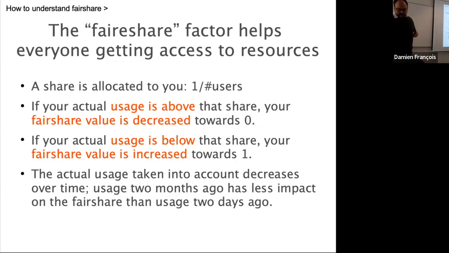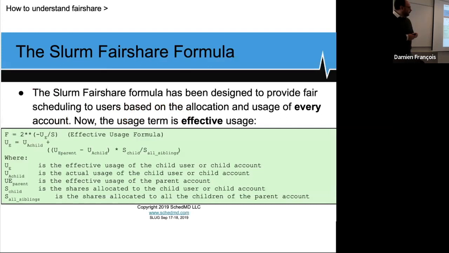So the actual formula is like this. So here I was a bit lazy. I took the slides from the company that writes Slurm directly, because it's a way for me to not have to explain it too much. But basically you see that it's a 2 exponent and negative component, which is based on the effective usage and the share.